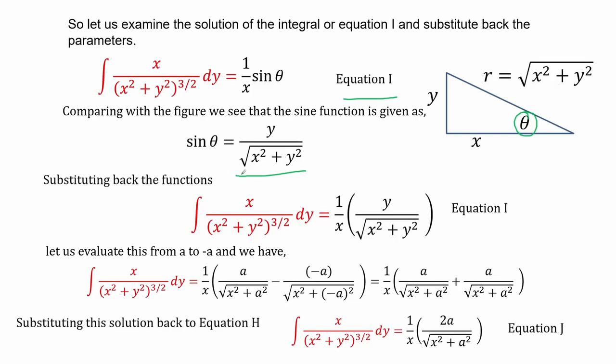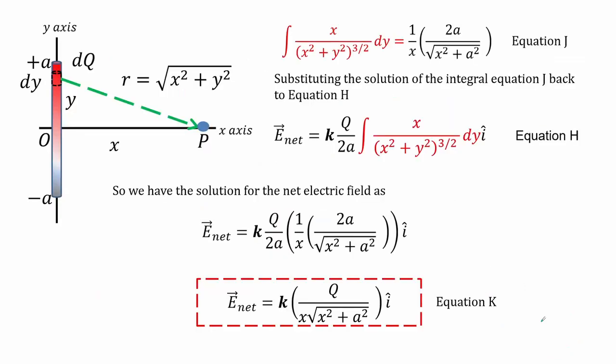Substituting back the functions, we get a modified equation I. We then evaluate this integral from a to negative a, and we have the solution for the integral shown in equation J. We then substitute this back into the equation of the net electric field in equation H. Substituting the solution of integral equation J, we arrive at the solution to the net electric field exerted by the charged rod onto a point P away from the rod, shown by equation K.